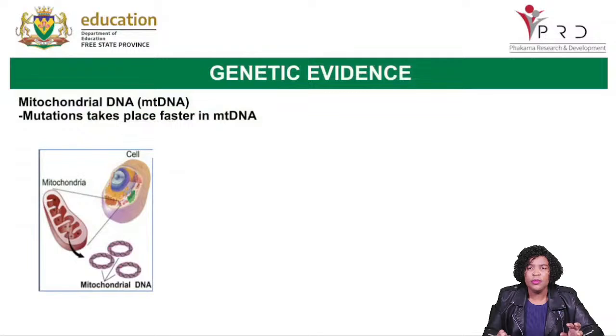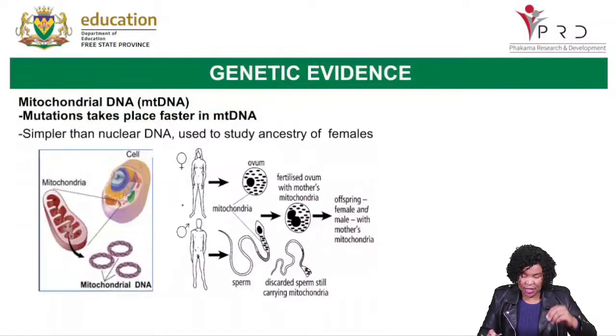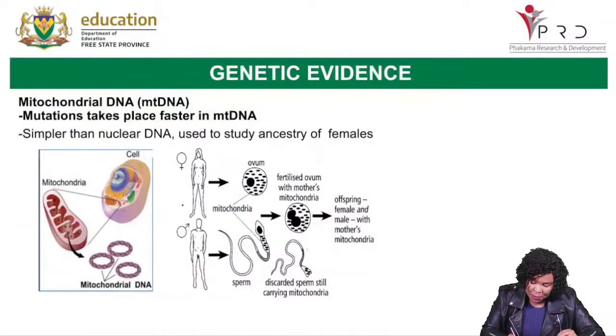Then another evidence that is used to support human evolution is that one of mitochondrial DNA. Remember, the mitochondrial DNA can be used to trace the female ancestry. Why do we say that? During fertilization, only the nucleus of the sperm cell enters the ovum and fertilizes the ovum, whereas the rest of the sperm cell, together with the tail and the mitochondria, disintegrates or is discarded.